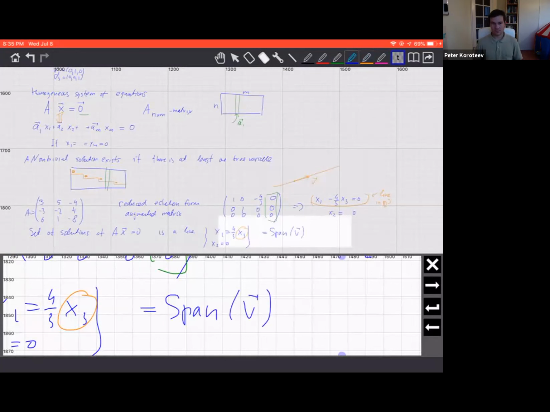Okay. In case you have more free variables once you solve a system like that, then the space of solutions will be the span of that many vectors, right? So if you have, say, 3 free variables, it will be a 3-dimensional space.